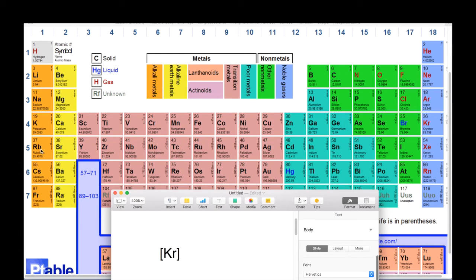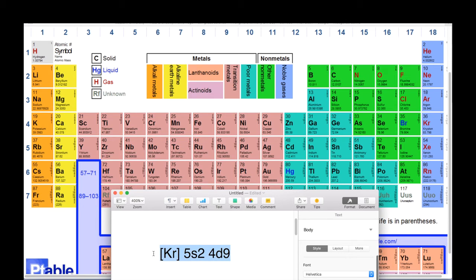We go 5s2, and then we do our 4d10. I want to get to silver, so it should be 9 because it's the ninth in this row. So it'll be 1, 2, 3, 4, 5, 6, 7, 8, 9. There's silver. So this is how you write silver.